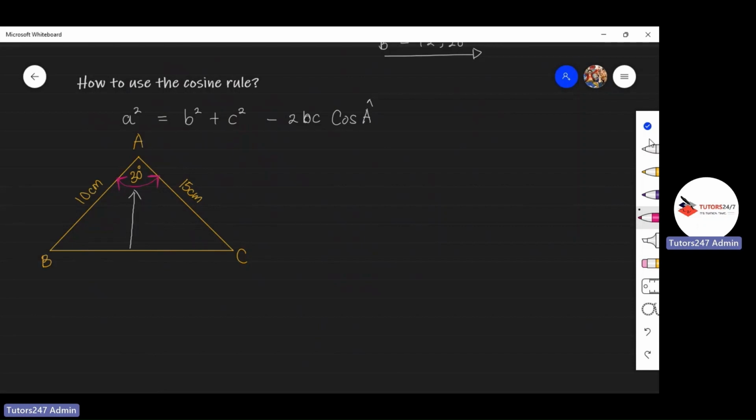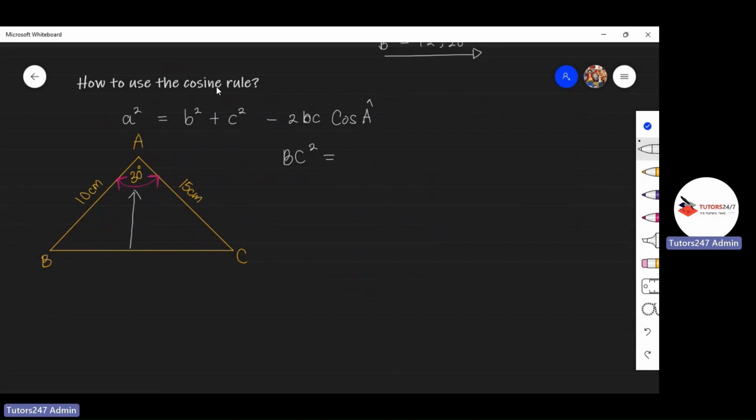So let us put in our formula. Our lowercase a is representing the side that we are looking for, which is BC. Next, we need to put in our lowercase b and our lowercase c, our side b, side c.